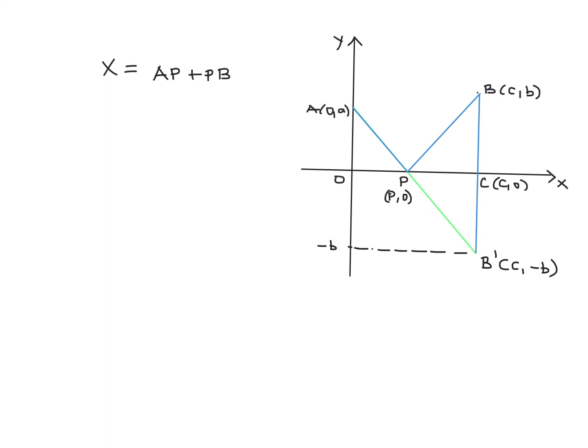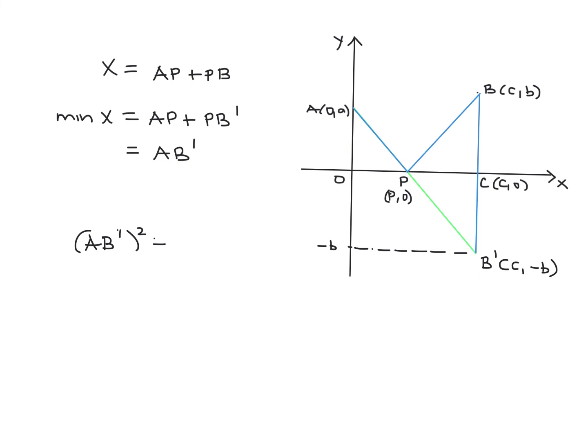Okay, so now the minimum distance x is really this straight line, because this distance PB is the same as this distance PB prime. So minimum x is your AP plus PB prime. And then that really is just A to B prime. And A to B prime you can get using Pythagoras. So AB prime squared would be this part squared, which is C squared.